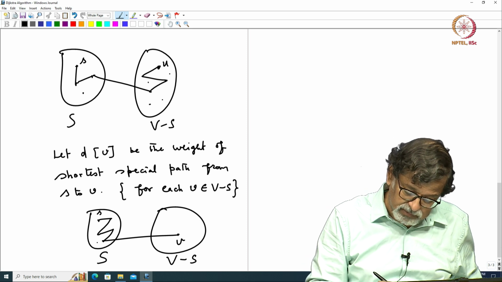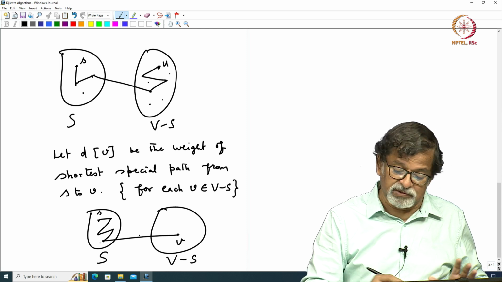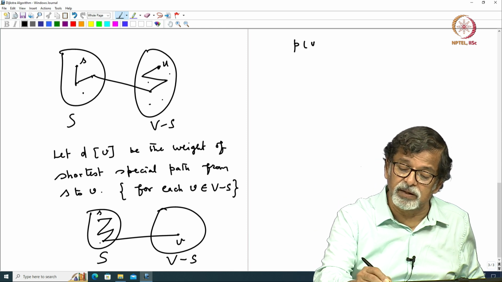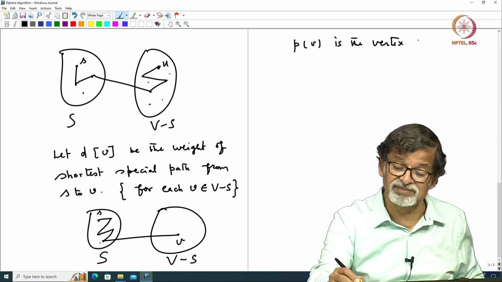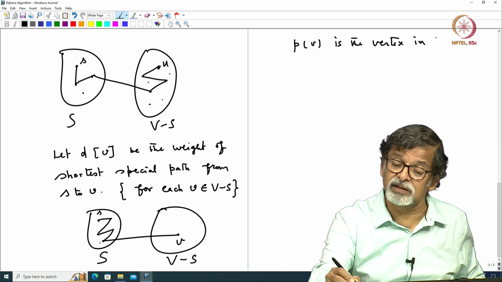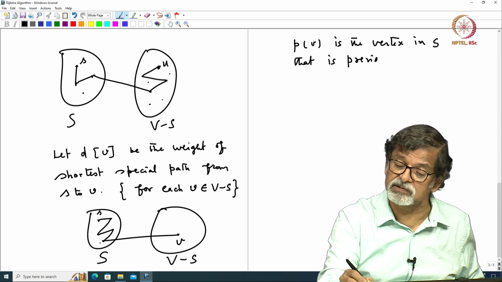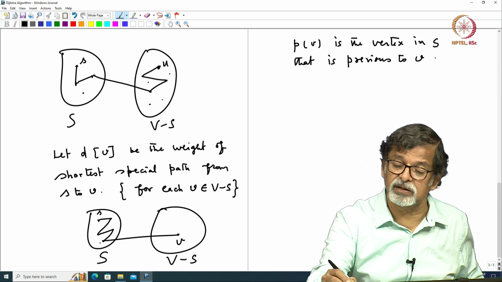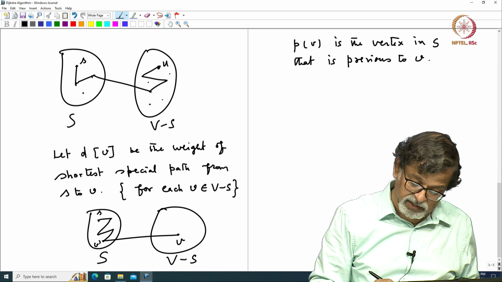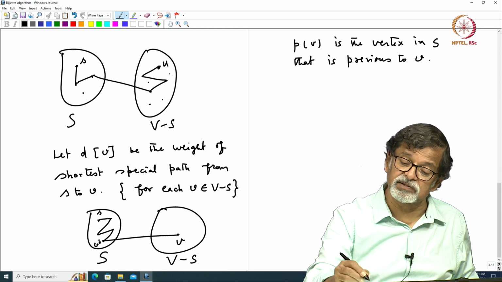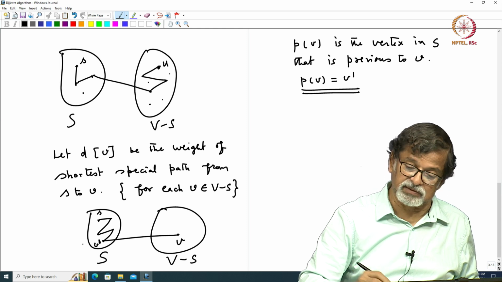This vertex in S is called the previous, P of V. P of V is the vertex in S that is previous to V. If this is V dash, then P of V equals that V dash in this picture.